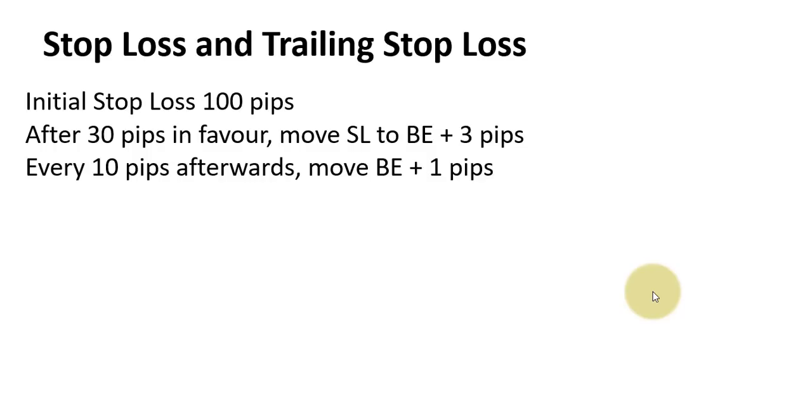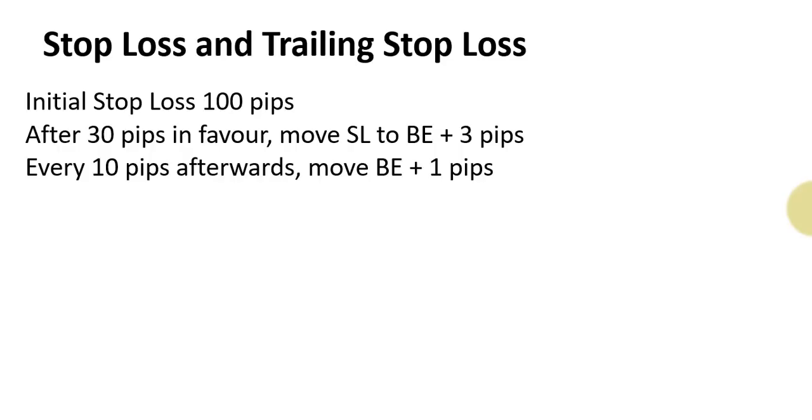However, after 30 pips in your favor, this is very, very important: move your stop loss to break even plus 3 pips. What do I mean? If your trade has made 30 pips profit, then you take your stop loss from where it was, minus 100 pips, to where you entered the trade and add 3 pips to it.